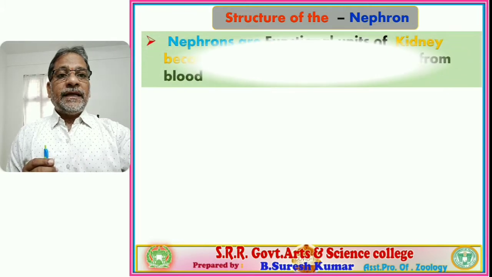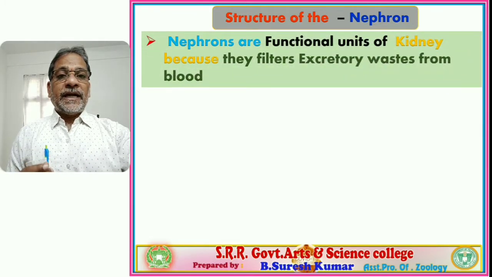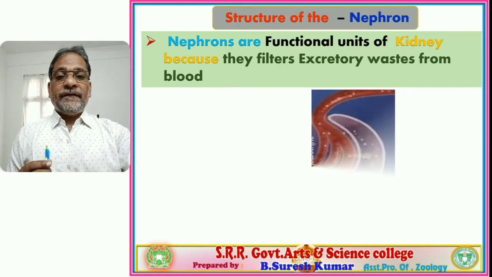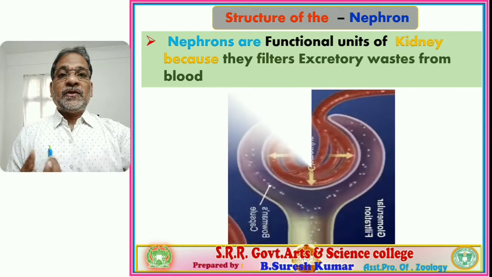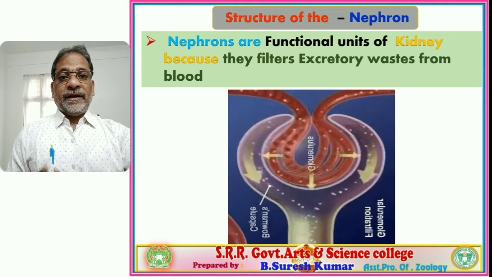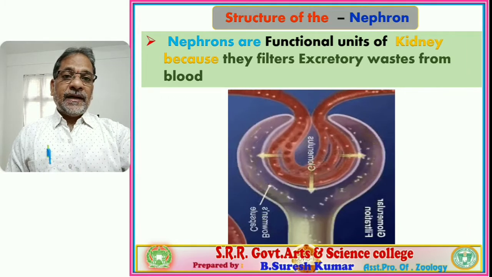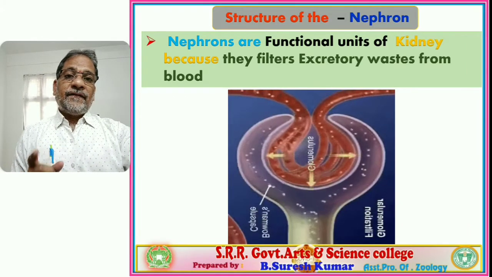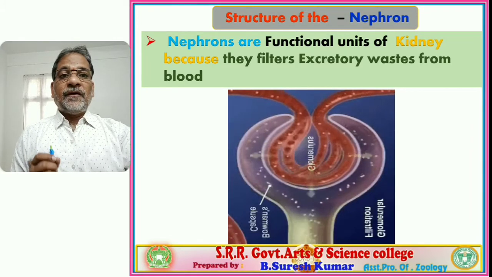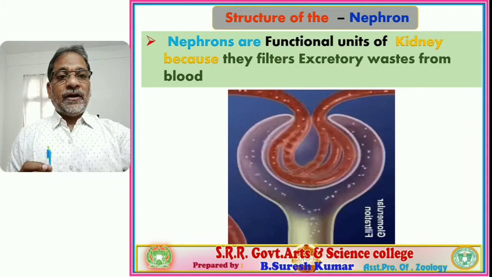Because they filter the blood and prepare the urine. They separate excretory waste material from the blood. So the entire filtering process takes place in the nephron. That's why the nephrons are considered the functional units of the kidney.